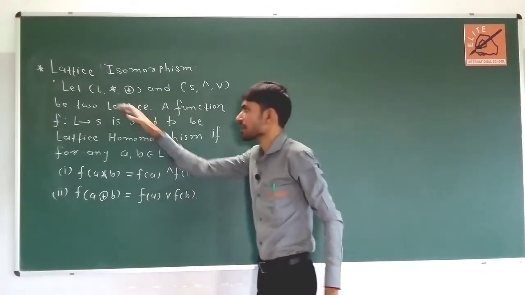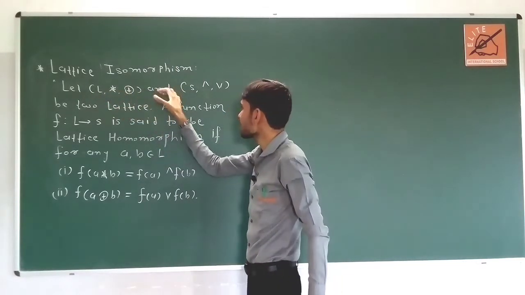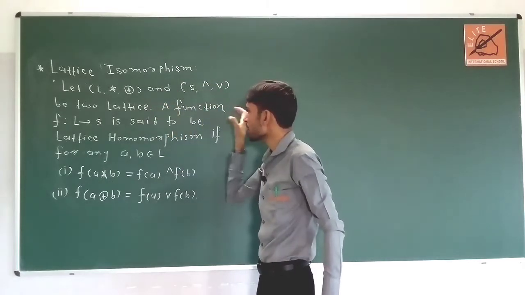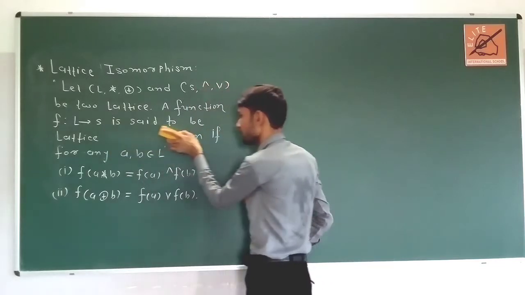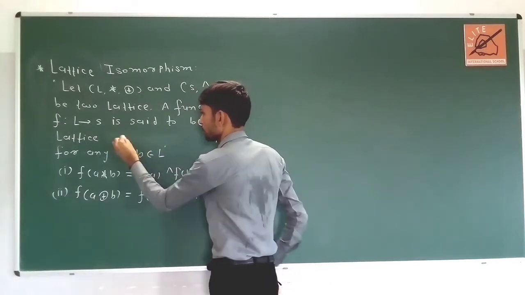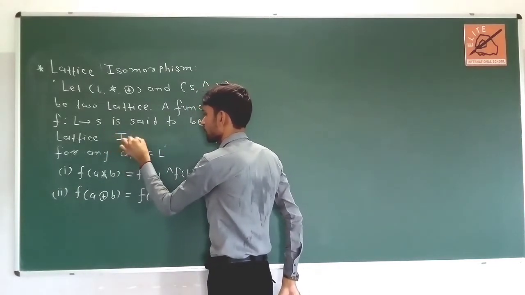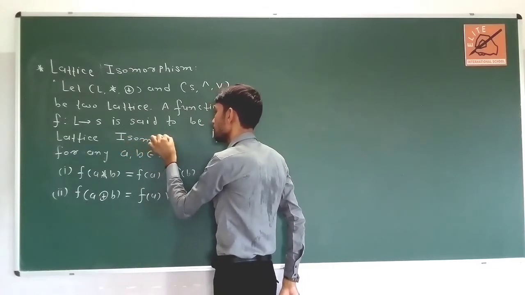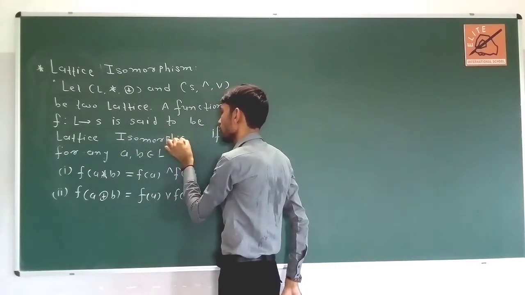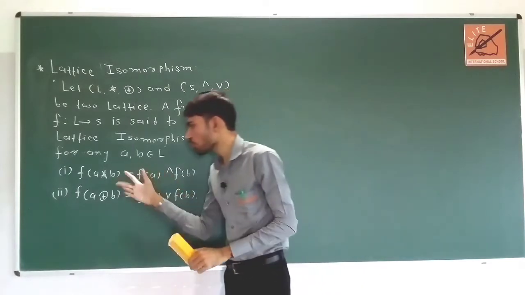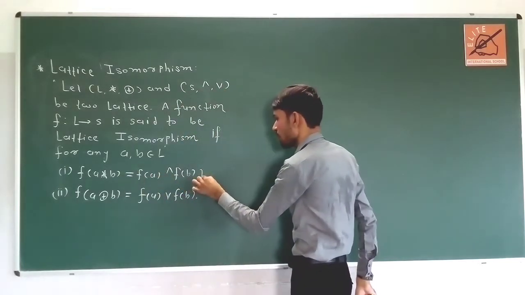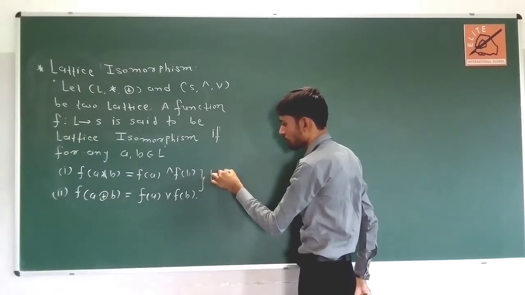So definition is the same. Let (L, star, ring sum) and (S, meet, join) be two lattices. A function f from L to S is said to be lattice isomorphism if for any a, b belonging to L these two conditions hold, which are the conditions of lattice homomorphism.